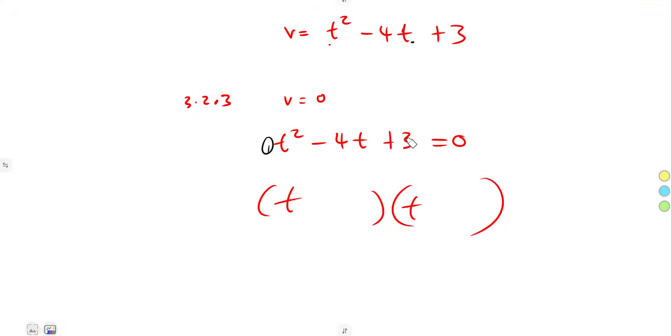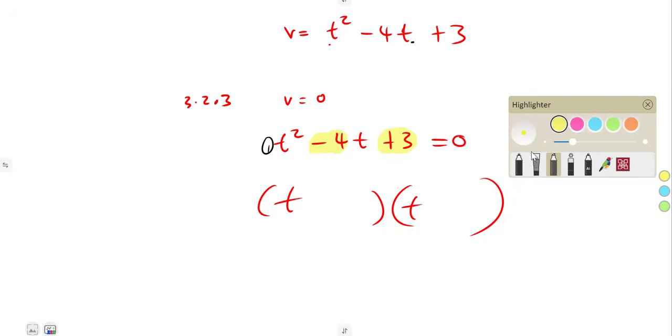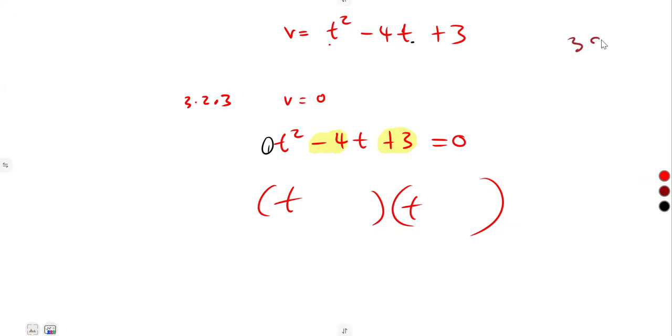Focusing on 3 as a constant, what are the factors of positive 3? And these factors must add up to negative 4. Negative 3 and negative 1. Multiply these, you get positive 3. Add, you get negative 4. So we need negative 3 and negative 1, and that is equal to 0.